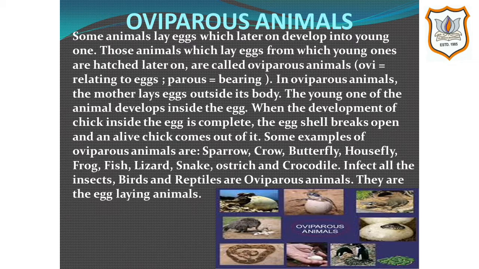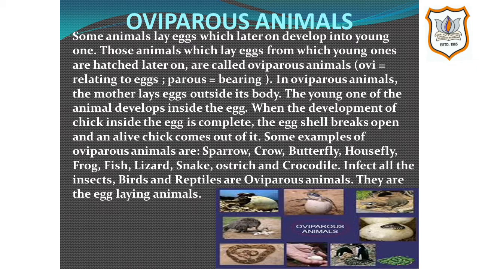When the development of the chick inside the hen's egg is complete, the eggshell breaks open and an alive chick comes out of it. Since a hen lays eggs from which its young one or a chick is hatched, therefore the hen is an oviparous animal.